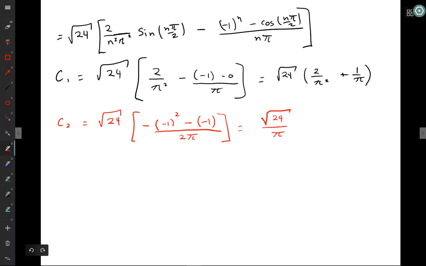Now, I am getting myself a little concerned. What is square root of 24? It's bigger than 4, right? The square root of 16 is 4. So these c's are bigger than 1, which has me concerned because the c's have to be less than 1, because the sum of all the c's has to be 1. So I did make a mistake somewhere.